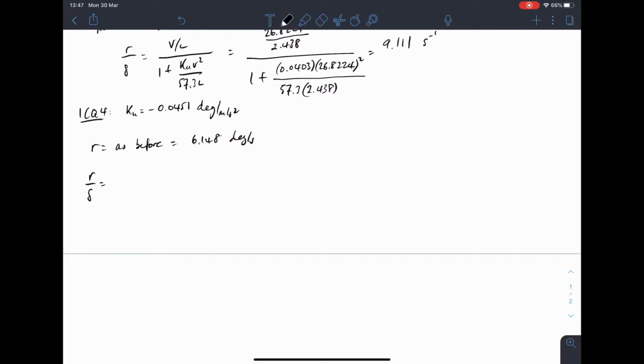However, the yaw velocity gain is different, with a different value for Ku.